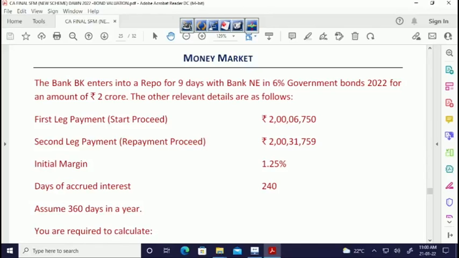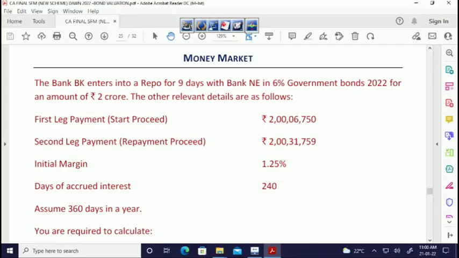So they've already calculated everything. 2 crore had a certain clean price. Then accrued interest was added. They've written days of accrued interest 240. So 240 days at 6% was added to that clean price. And then initial margin 1.25% was deducted. So this 2,000,6,750 is arrived by adding accrued interest to the clean price and deducting the 1.25% initial margin. Please understand.